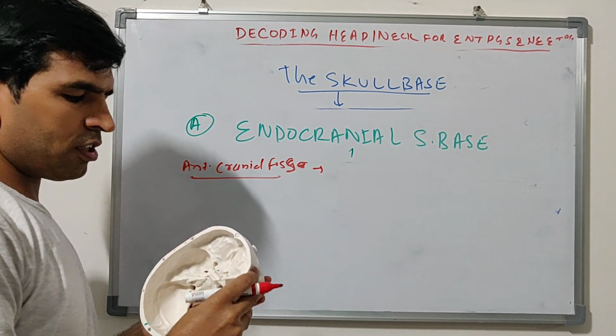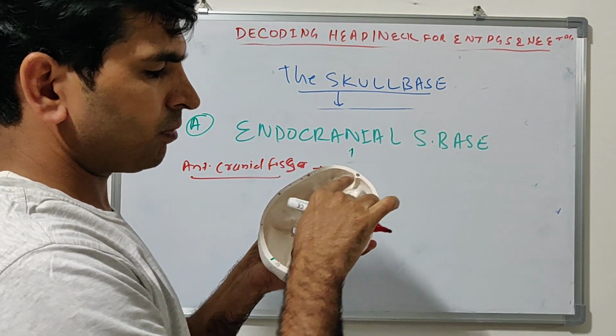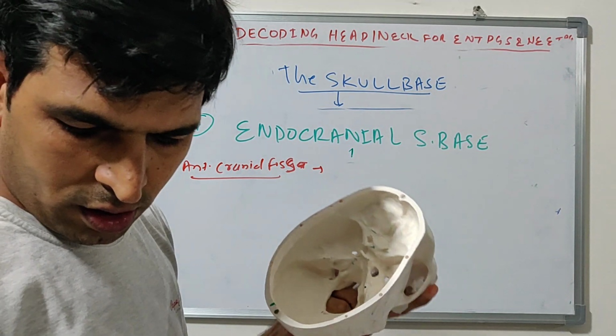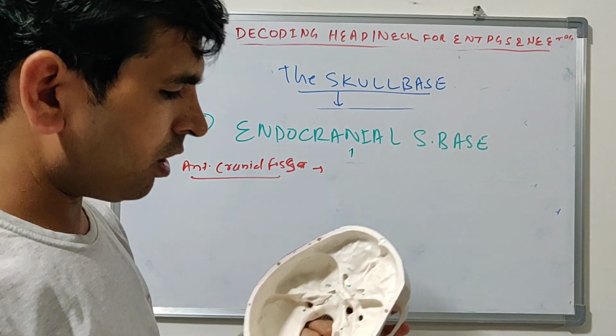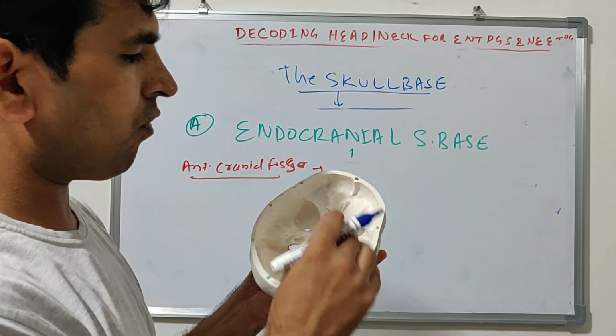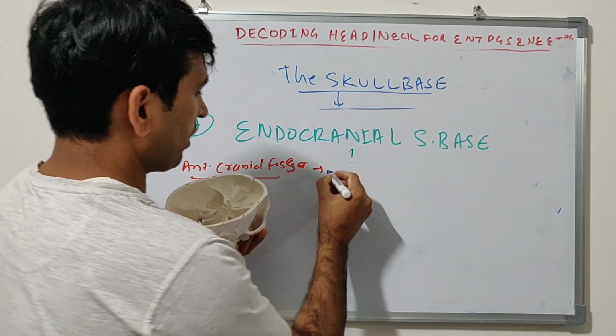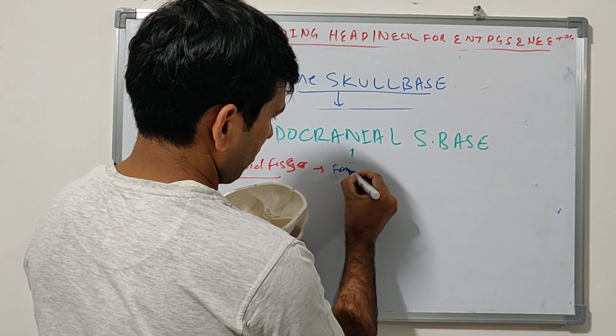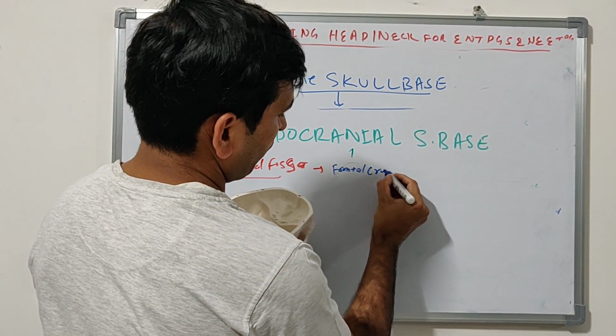This vertical crest in the midline of the posterior table of the frontal sinus is called the frontal crest.